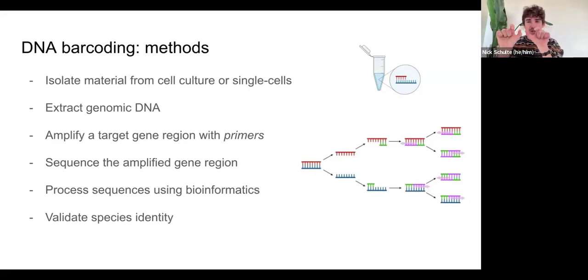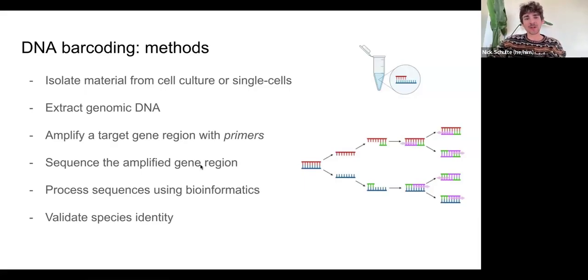And then there's enough variation in between those primers, so you have a forward and a reverse primer, and that region in between is what we're interested in. That's going to be the barcode. That's basically the unique sequence for that gene of that species.